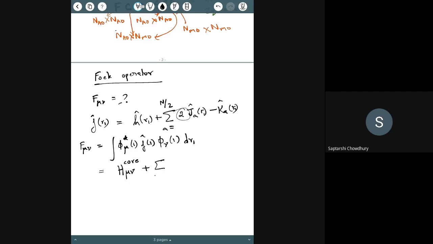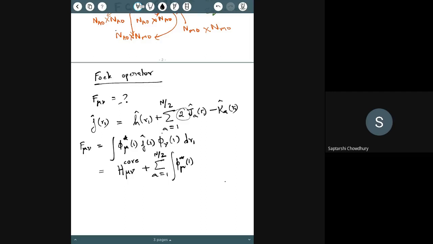So that is sum over A equal to 1 to n by 2, integration phi mu star 1. So what is the problem here? Why am I going through all this trouble?